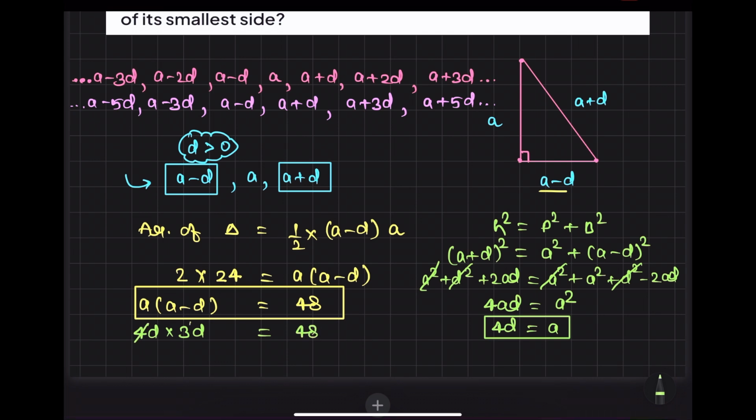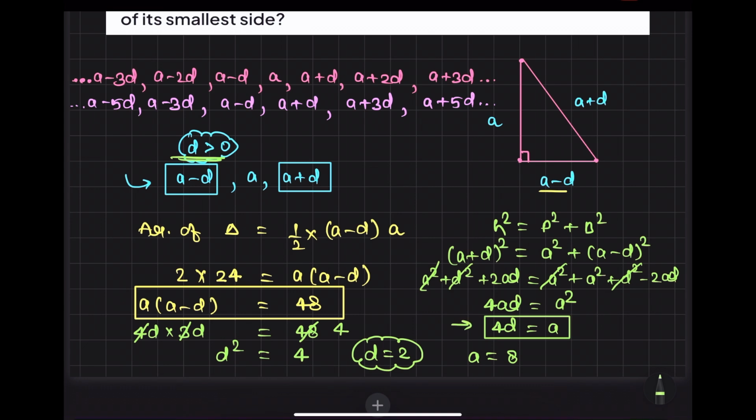So 4 threes are 12 and 4 times, so d square is 4. So can I go with d equals 2, because we have taken d as a positive number. So we got d as 2 and we got a as 8.